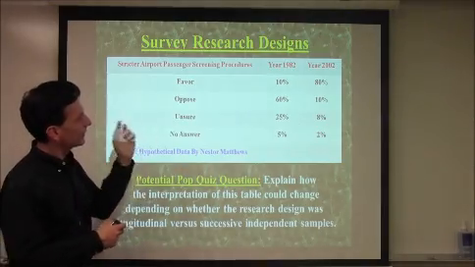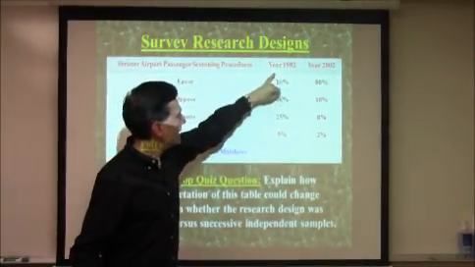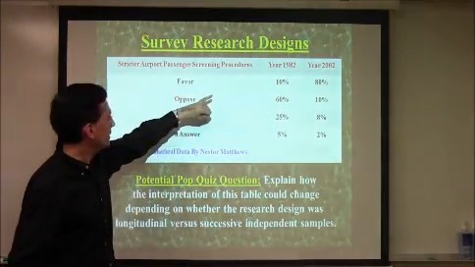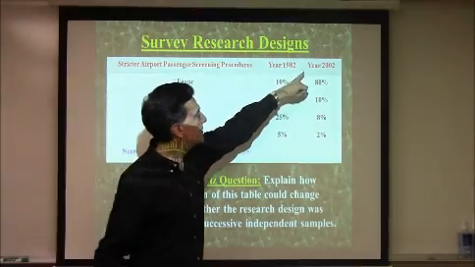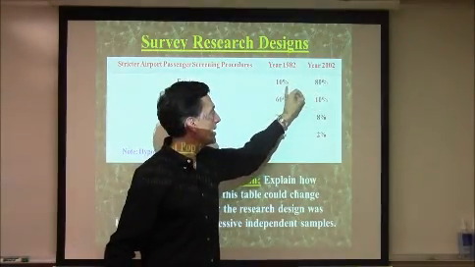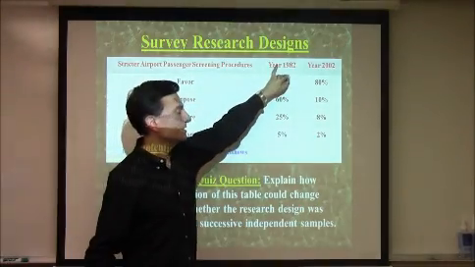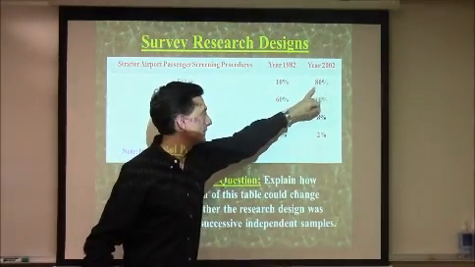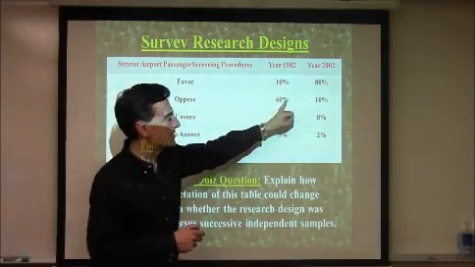Okay, so let's just take a look at what's happened here in these hypothetical data. In 1982, 10% of respondents favored stricter screening. Okay? In the year 2002, 20 years later, that number increased to 80%. So a really substantial increase between 1982 and 2002. Then we have a corresponding fall off, almost the same in size.